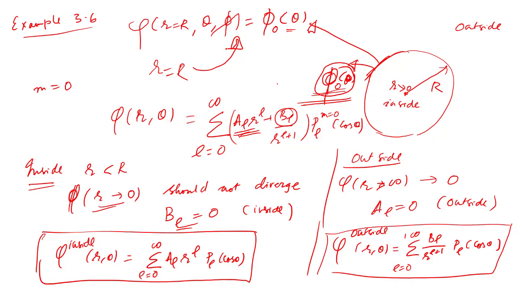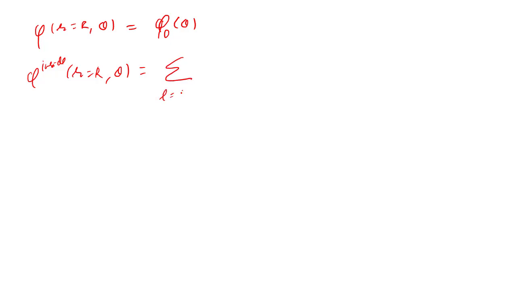And now we have another extra boundary condition. The extra boundary condition is that phi at r equal to R and theta is given to be some phi 0 of theta. So if I look at phi inside at r equal to R and theta, I have the sum over L equals 0 to infinity of A_L capital R to the power L, because we're setting r equal to R, P_L cosine theta.